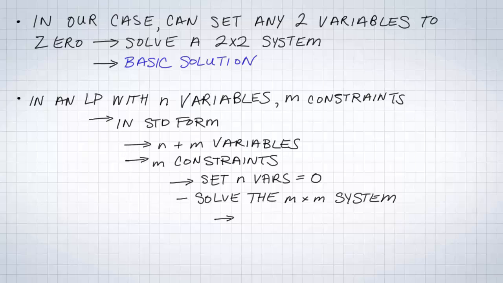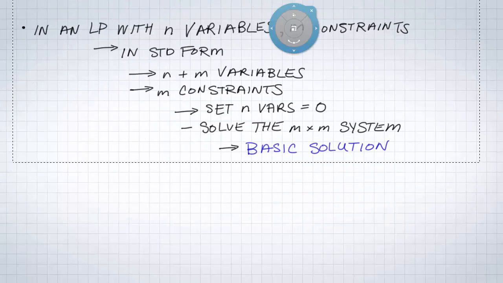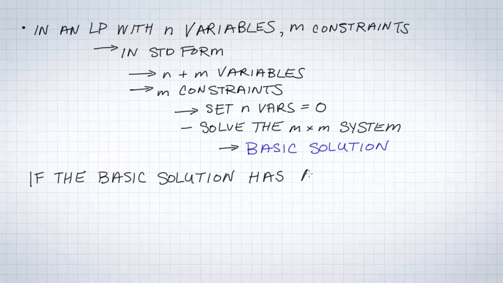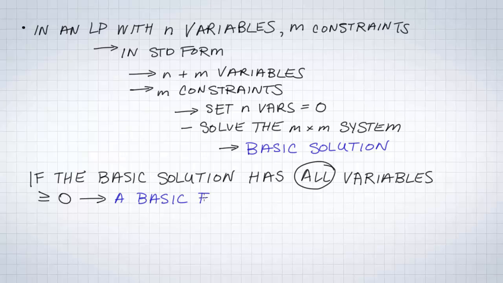That will give you a basic solution. Now, we're not just interested in basic solutions, we're interested in solutions which are also feasible. So make the statement right here that if the basic solution has all variables greater than or equal to 0, then it is a basic feasible solution. This will become a little bit clearer when we do the example.